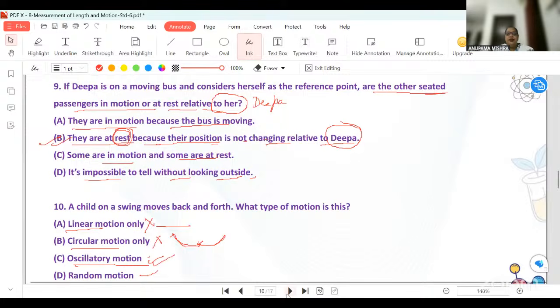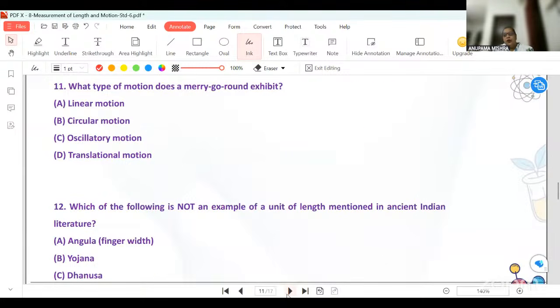So let us move to the next question, question number 11. What type of motion does a merry-go-round exhibit? Already we had discussed what the merry-go-round exhibits.